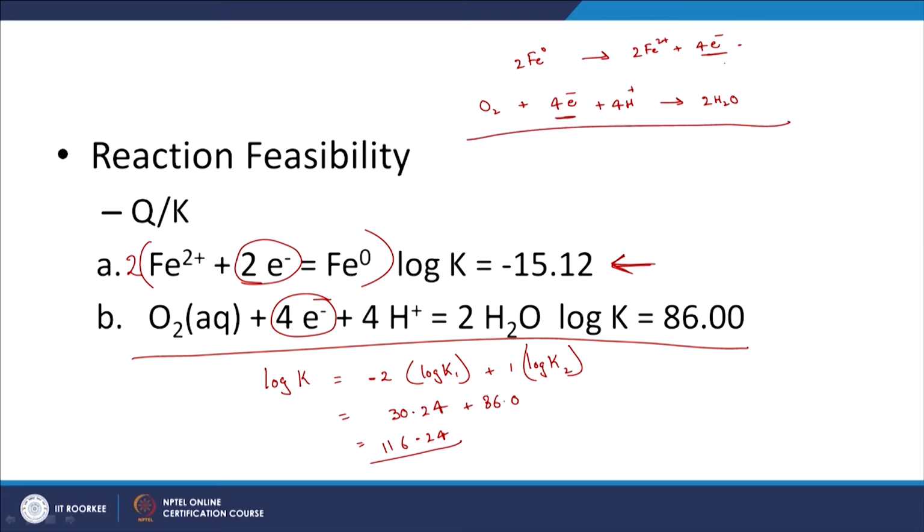Summing that up: oxygen plus 2 Fe0 plus 4 H+ gives 2 Fe2+ plus 2 H2O. This is the reaction for which we just found the log K value to be 116.24. Now I am going to use this value to calculate K, and then calculate Q by K for a particular scenario.